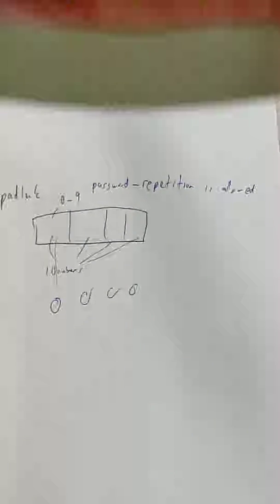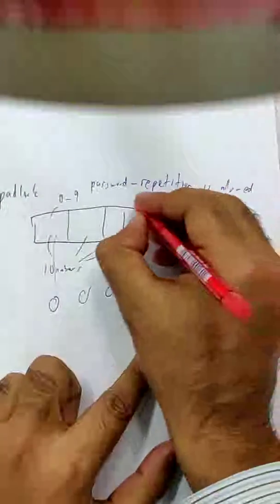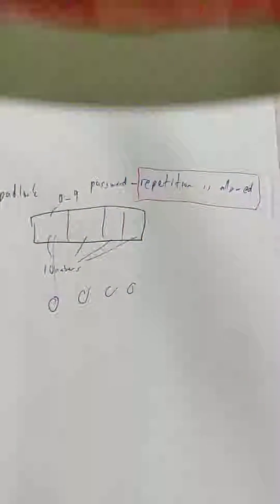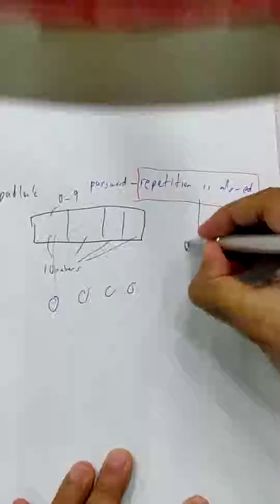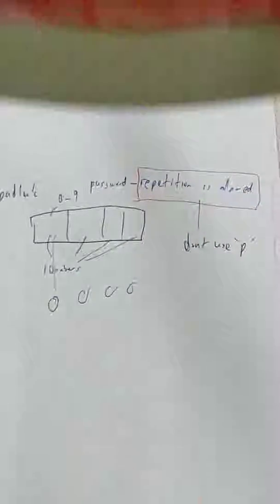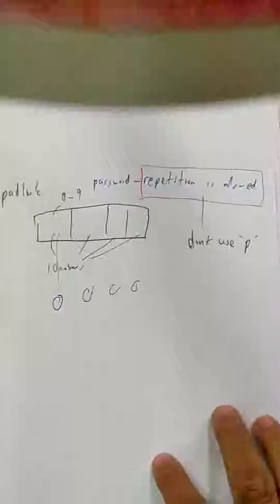Password is where repetition is allowed. So this is the case where repetition is allowed. So when repetition is allowed, we don't use P. Factorials is not the right answer as well.